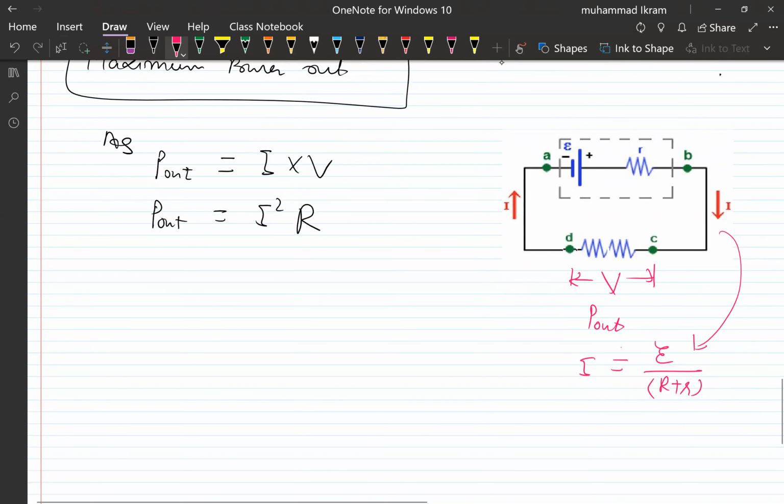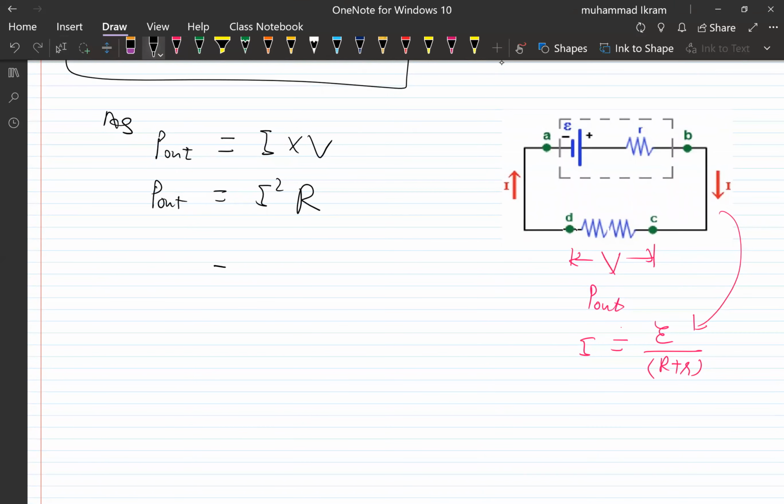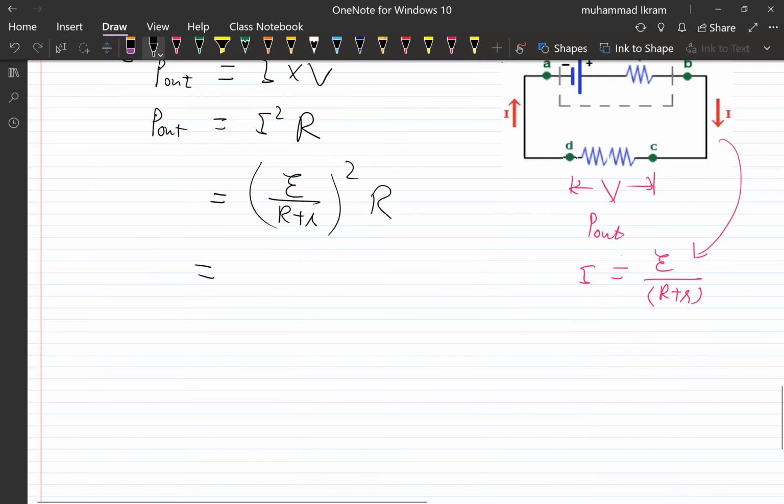So let me replace the I here, and we have E over R plus r, whole square, into R. So the power out will be equal to E square into R over R plus r whole square.